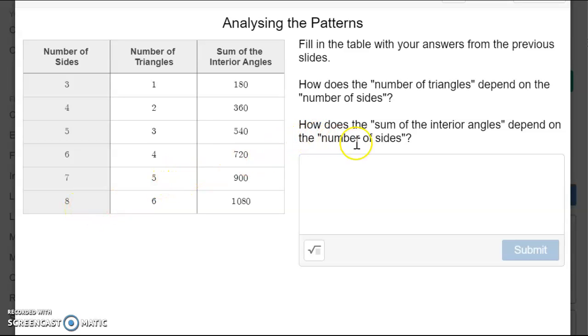And how does the sum of the interior angles depend on the number of sides? The number of triangles will always be 2 less than the number of sides, and the sum of the interior angles will be however many triangles multiplied by 180. So we can subtract 2 from the number of sides, and whatever that number is, we can multiply by 180 to get the interior angle sum.